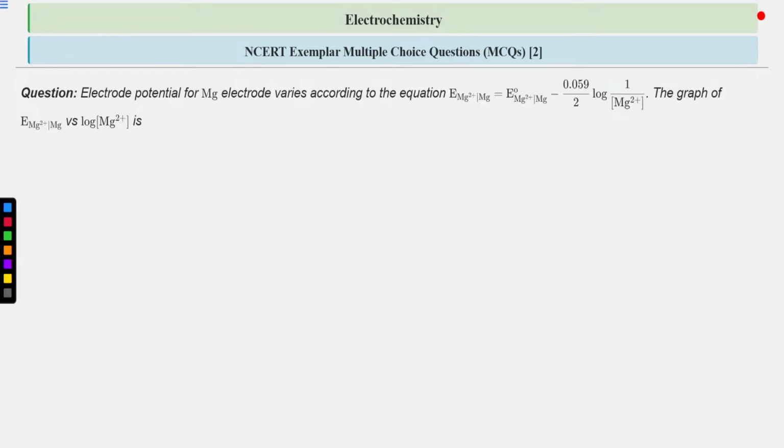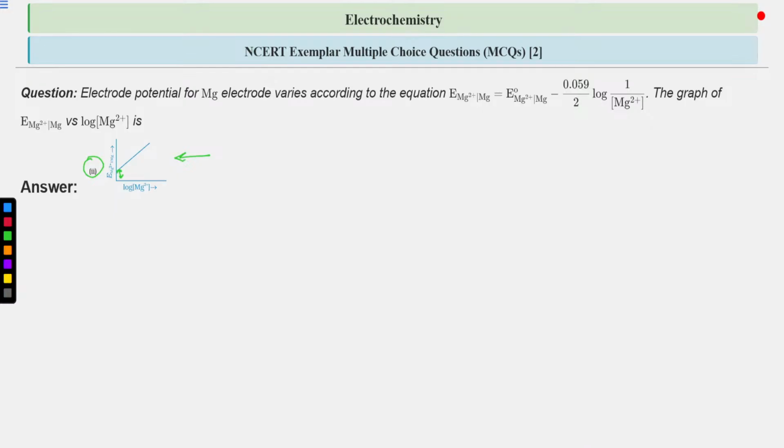For this given question, the correct answer is the second graph, which is the graph between the electrode potential and the log of concentration of the ion present in the ionic solution. It is a straight line, has a positive slope, and also has a positive intercept on the y-axis.